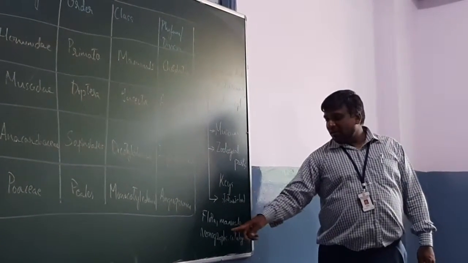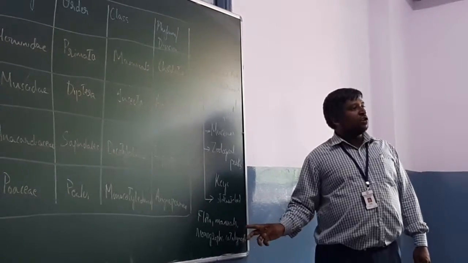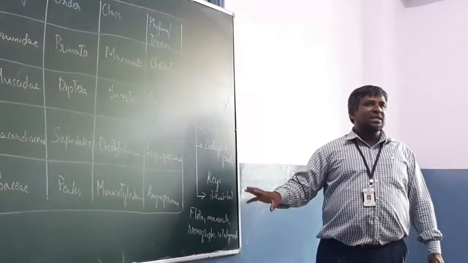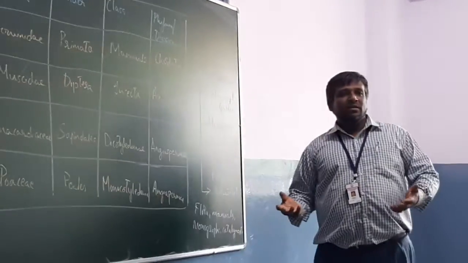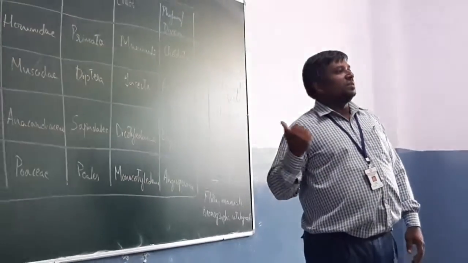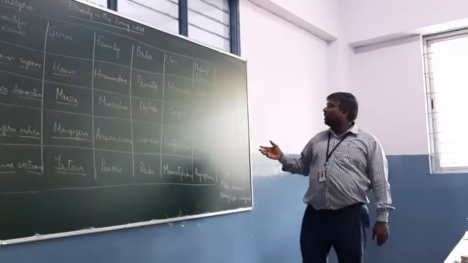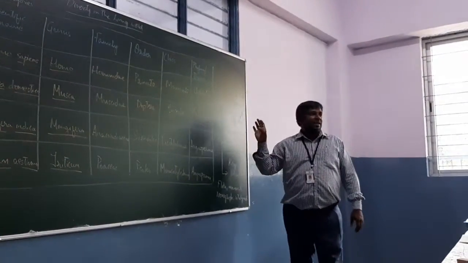Then we also have flora, manuals, monographs, catalogs, etc. All these are taxonomical aids to study the diversity of the living world and to understand it better. Now we proceed to the herbarium.